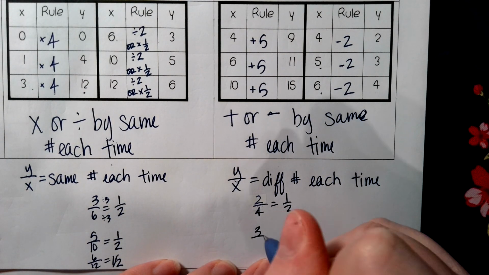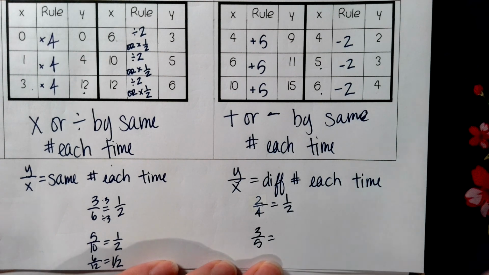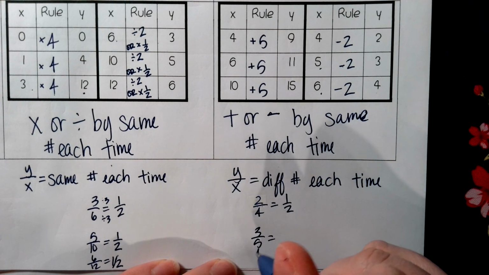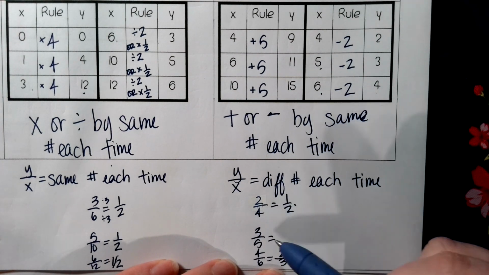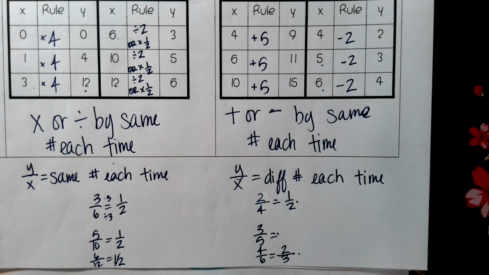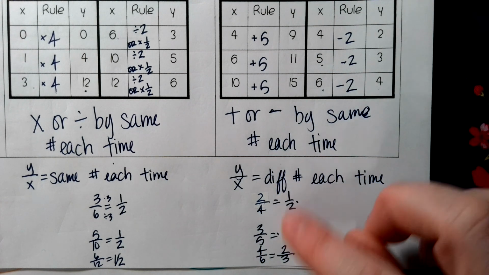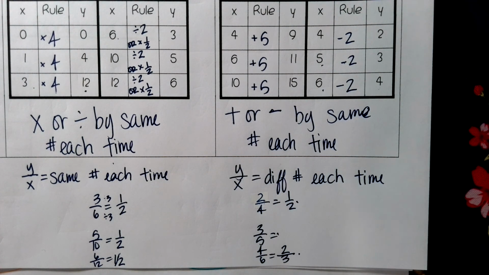If I do 3 over 5, that doesn't simplify to anything. If I do 4 over 6, this simplifies to 2/3. 1/2, 3/5, 2/3, those are different numbers each time. That's another way I can tell that my table is non-proportional.